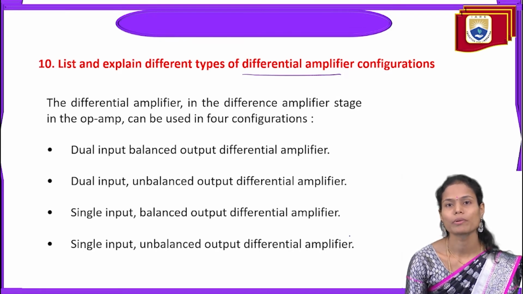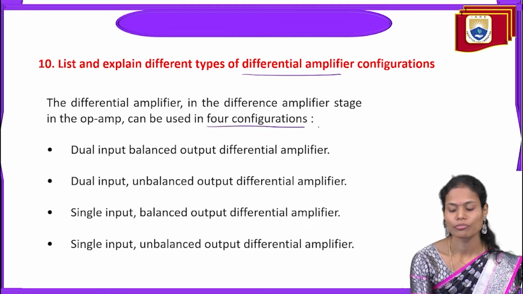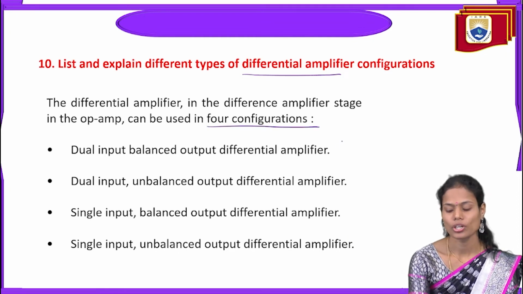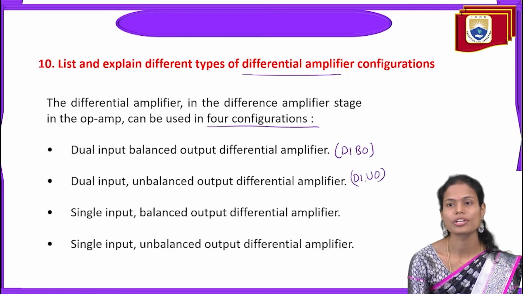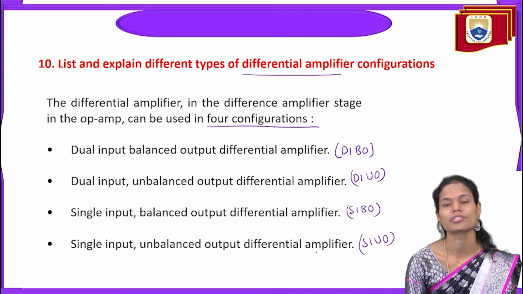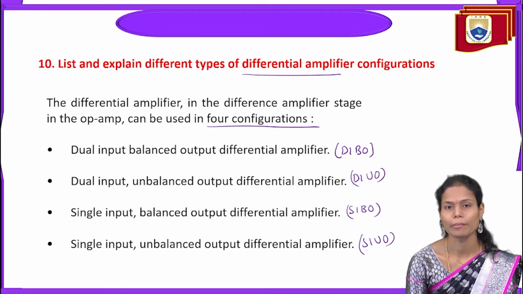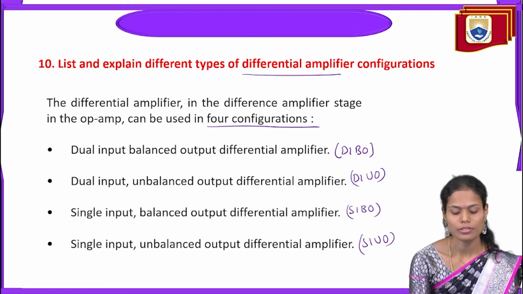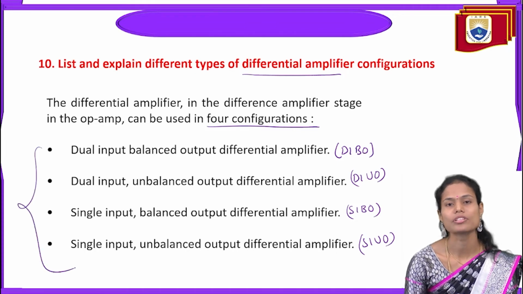So this differential amplifier is available in 4 configurations, that is dual input balanced output differential amplifier, dual input unbalanced output differential amplifier, single input balanced output differential amplifier, and single input unbalanced output differential amplifier. So depending upon how many inputs we are utilizing and how the output signal we are measuring, the differential amplifiers are classified as these 4 types.